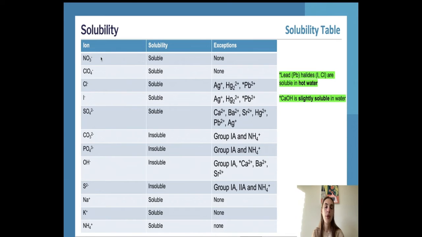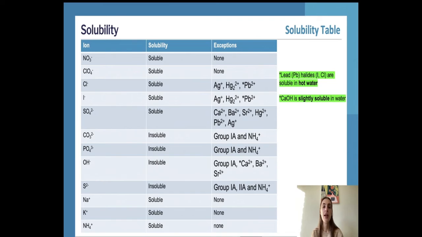whether it is soluble, and what the exceptions to the rule are. For example, if we consider the nitrate ion, it is soluble in every circumstance because there are no exceptions to the rule. However, if we consider the chloride ion, we can see that the chloride ion is soluble. However, if we have AgCl or HgCl2 or PbCl2, they will not be soluble in water.